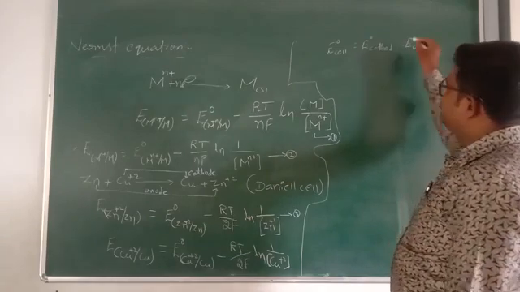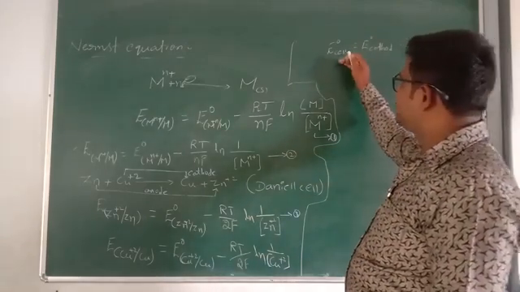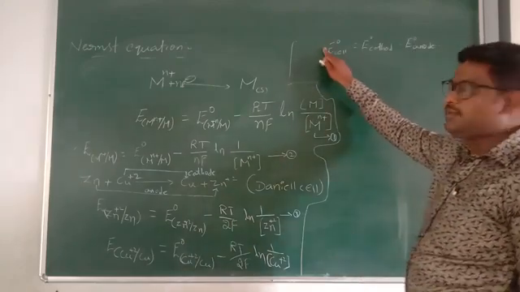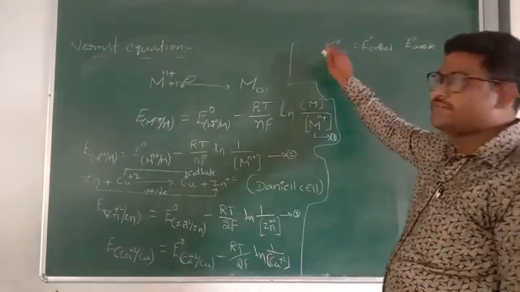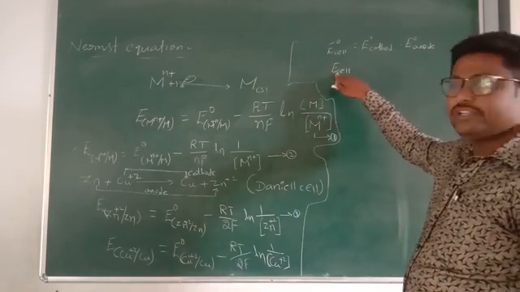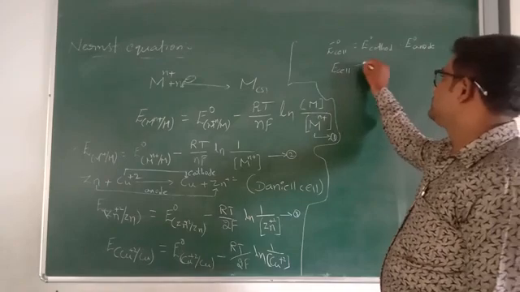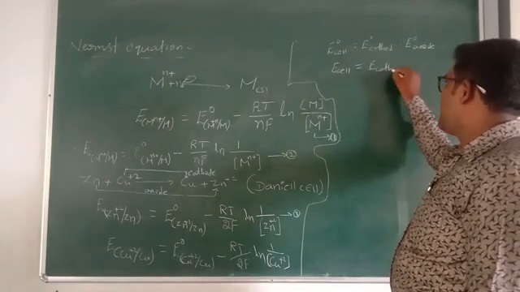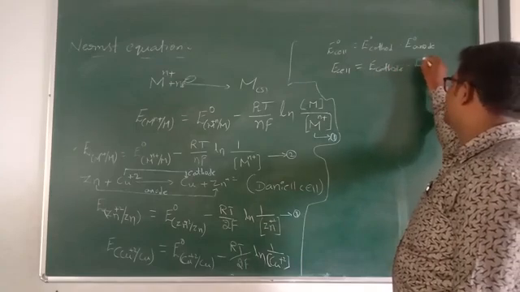Similarly, this is the formula at standard concentrations of the cell. If we use the formula for any concentrations of the electrodes, E cell is equal to E cathode minus E anode.